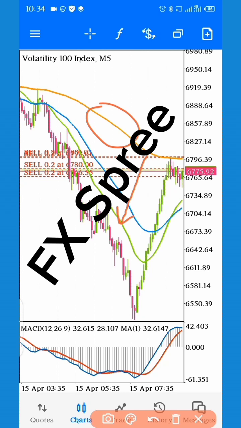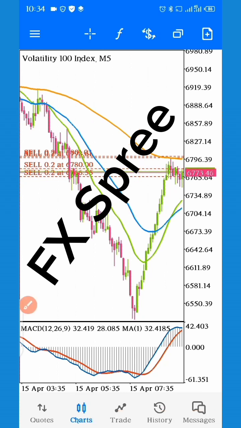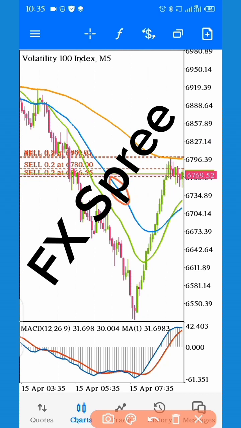And after that, I have the next one. This is the blue, the 40 EMA, and look at the gap from there to the 150, which means this market is really trending.